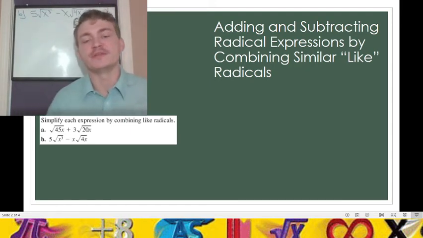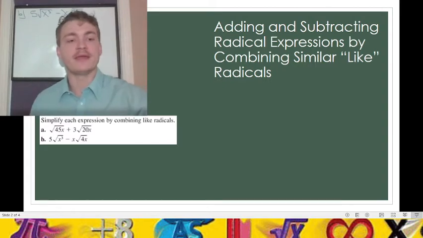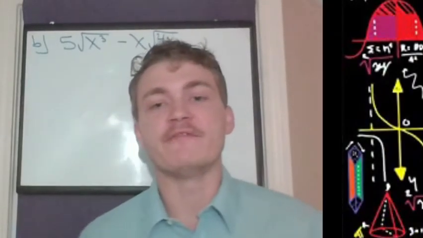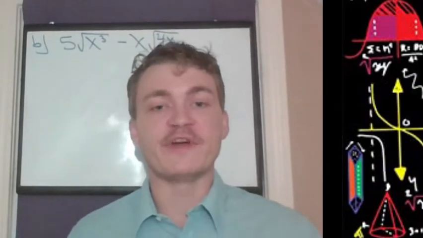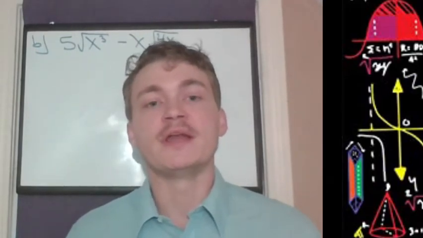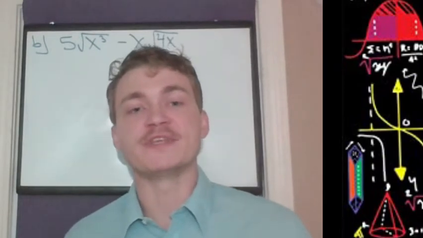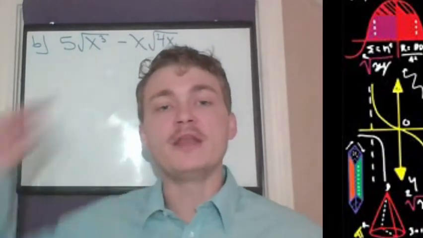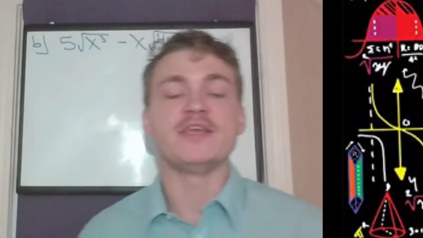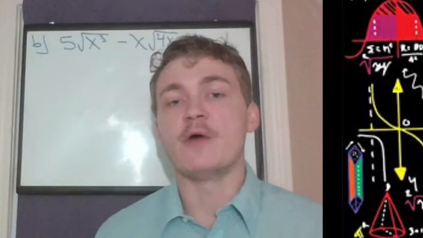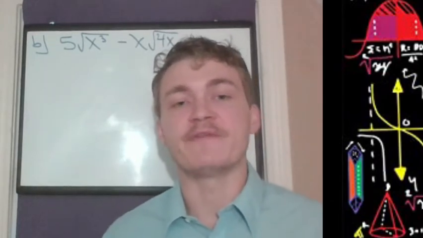X cubed under the square root, if we recall back here, because we are working with the square root radical, any variable or variable expression that contains an even exponent is in fact a perfect square. However, if we have an odd number for our exponent, x cubed, x to the power of 3 is not a perfect square. However, it does contain a perfect square factor.